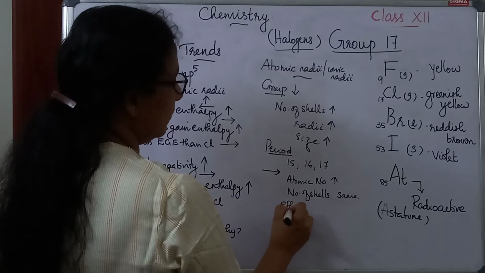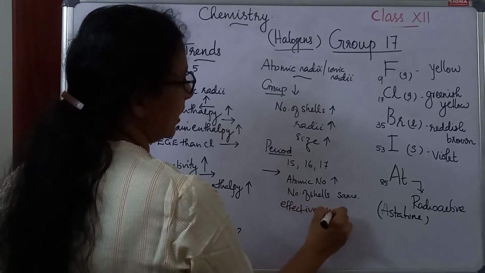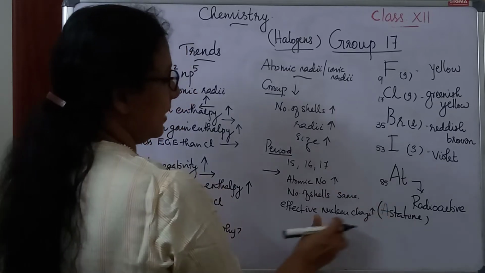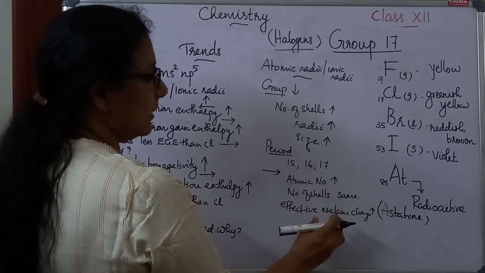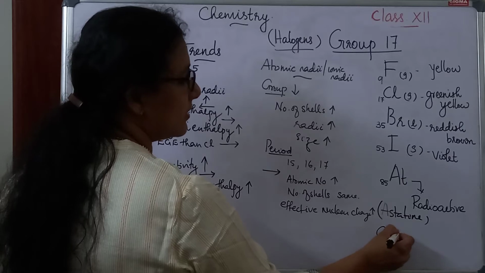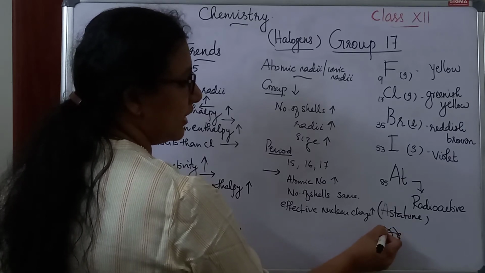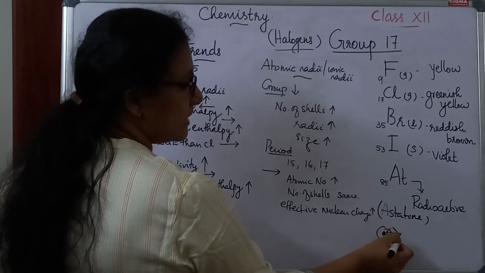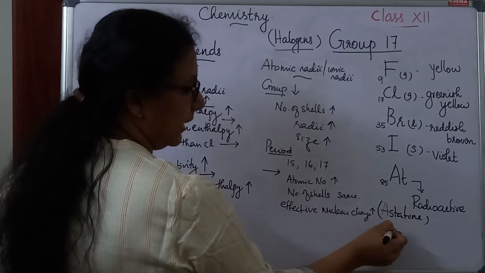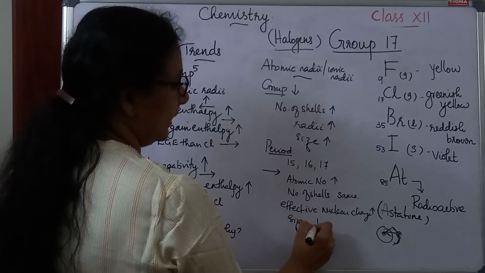So the effective nuclear charge increases, and the nucleus has a tendency to pull the electrons towards it. Since the power of the nucleus increases but the shells remain the same, the nucleus pulls the electrons towards it, so the size will decrease.